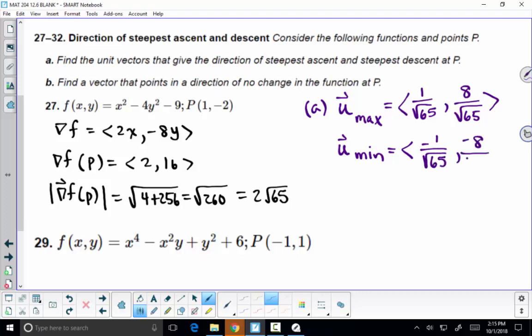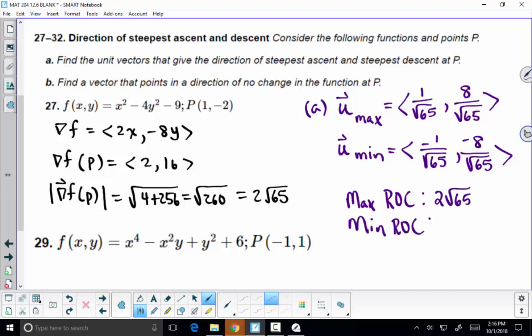That's it. Okay, so that's part A. It didn't even ask us, but the max rate of change is 2 root 65, and the min rate of change is -2 root 65.